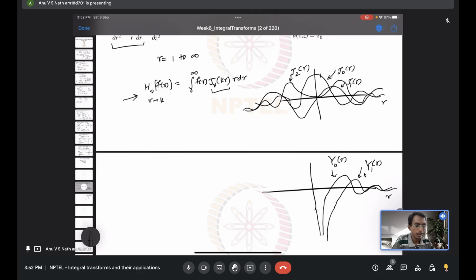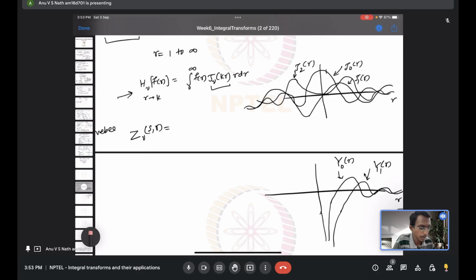So for that we need to use a different kernel, which is the Weber kernel, z nu, which is a function of s and r. We'll call it this, so this is the Weber kernel. So basically it comes from the integral which is given by Weber.